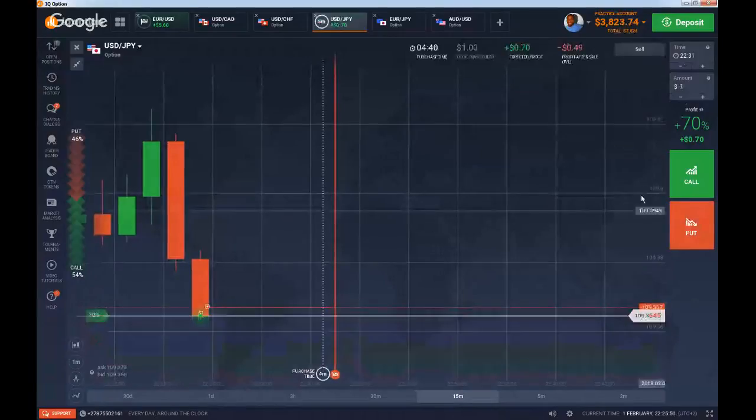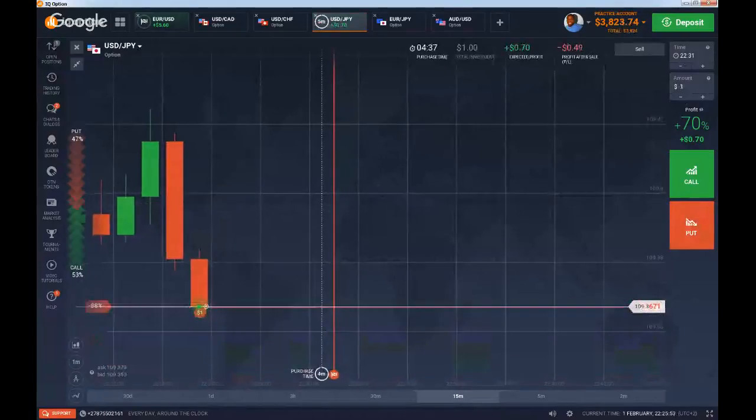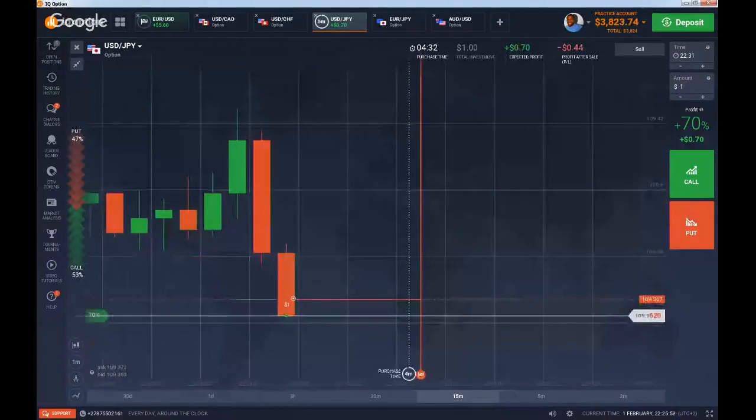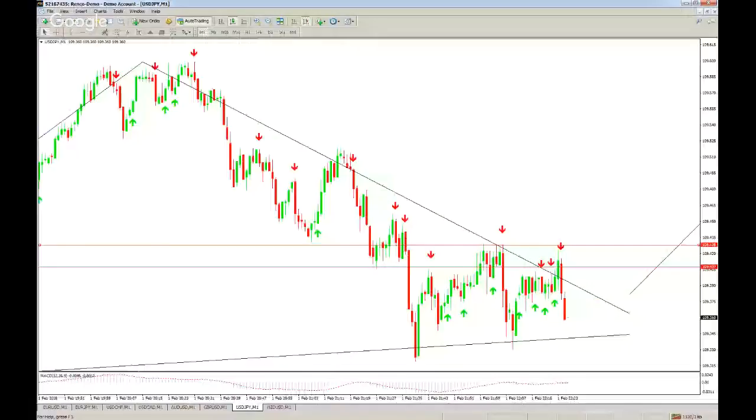All right, so let's see how this trade will play out. I'm on the yen. It's a beautiful breakout bar. Okay, not really a breakout bar, but a beautiful bearish bar coming into our structure level resistance. So we just have to wait and see.